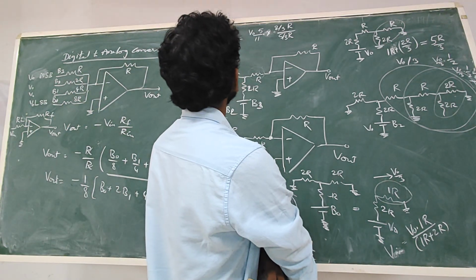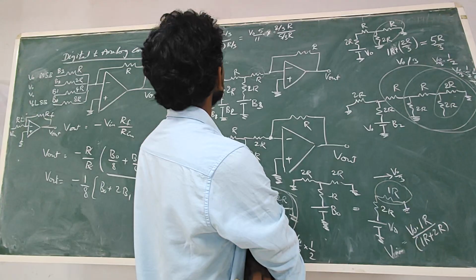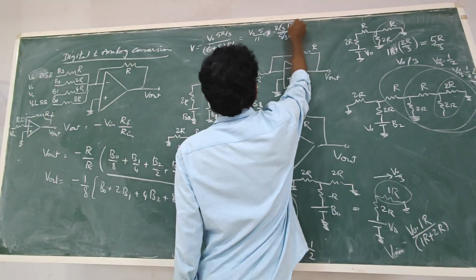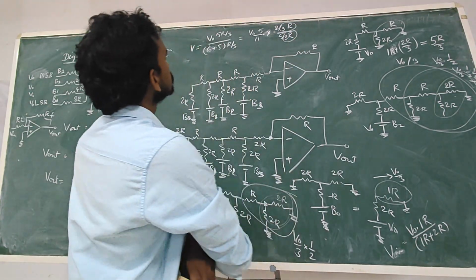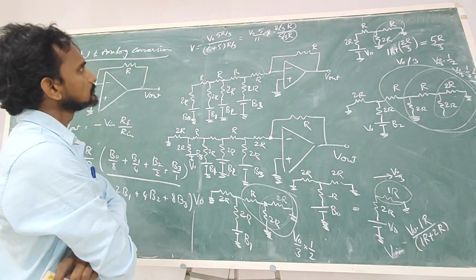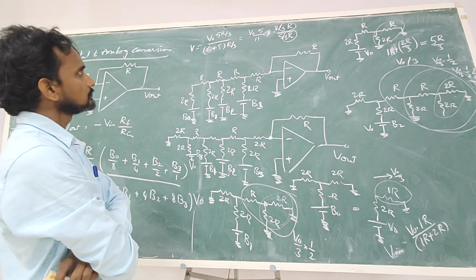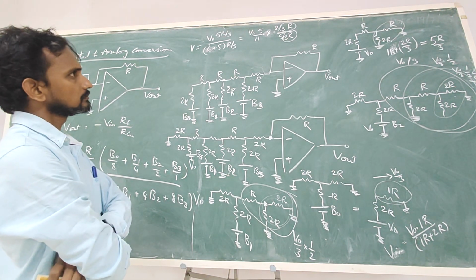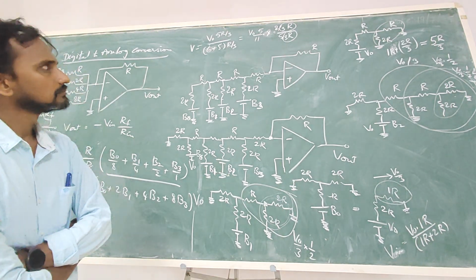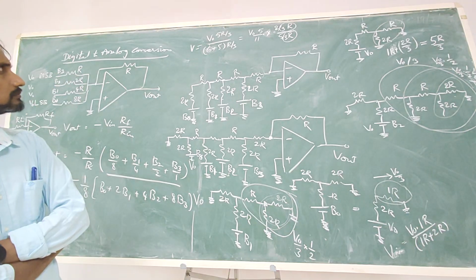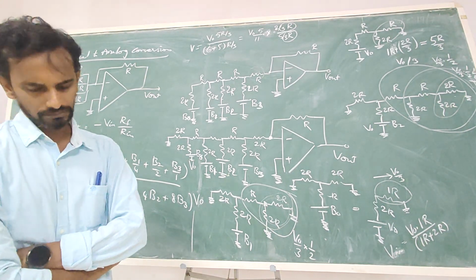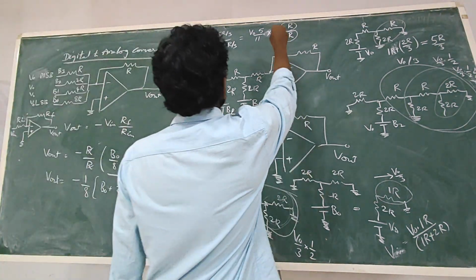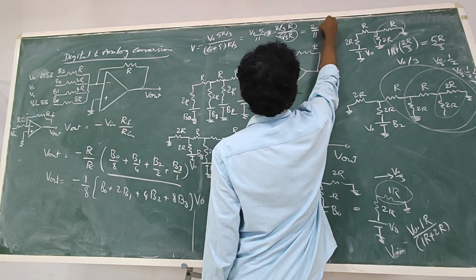So what do you get? R by 3 gets cancelled. So you get 2 by 11 V naught.